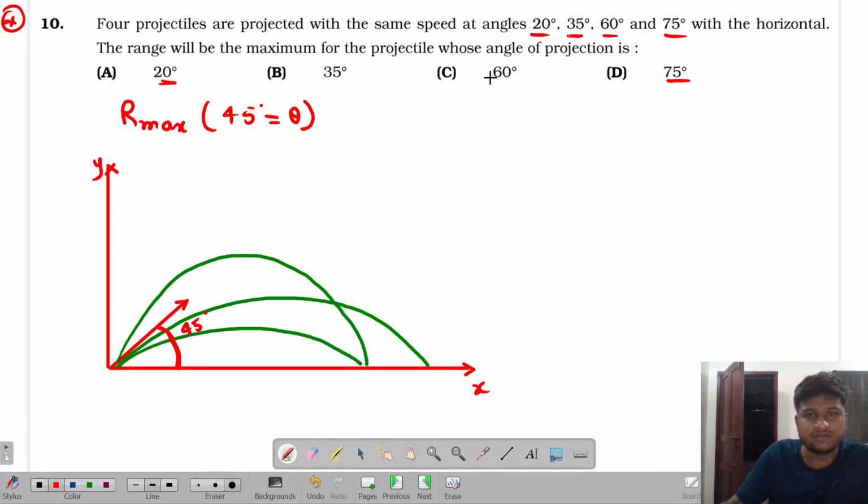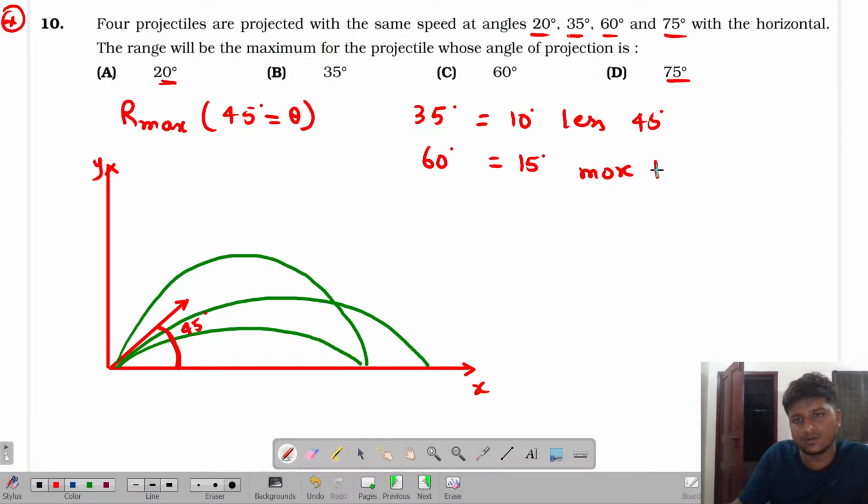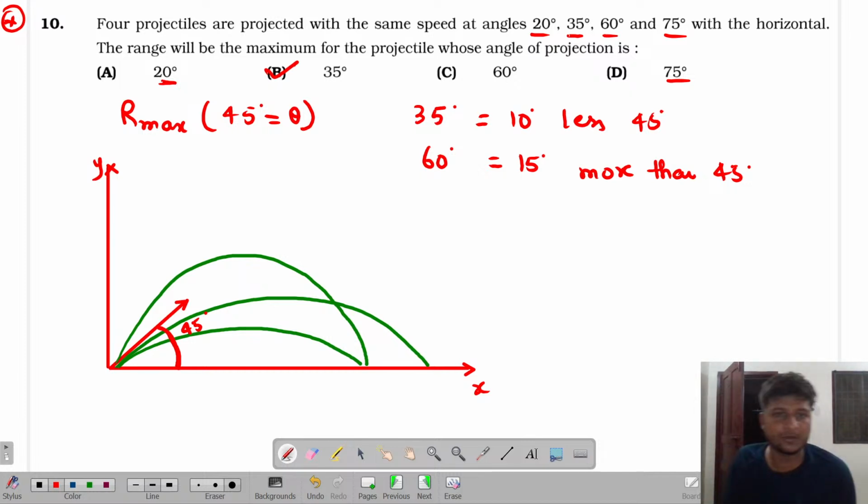Now I have 35 and 60. 35 degrees is 10 degrees less than 45, while 60 degrees is 15 degrees more than 45. So the angle which is nearest to 45 will have the maximum range. That is why 35 degrees is the correct answer. Are you able to get me or not?